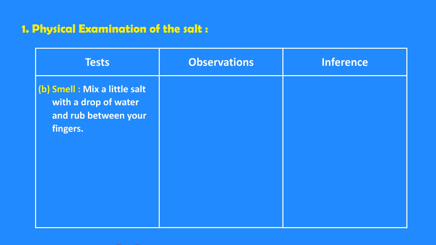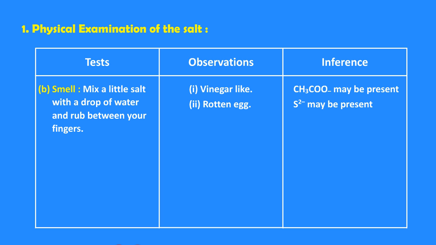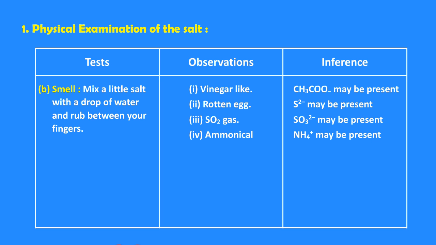Smell: mix a little salt with a drop of water and rub between your fingers. Vinegar like: CH3COO- may be present. Rotten egg: S2- may be present. SO2 gas: SO3 2- may be present. Ammoniacal: NH4+ may be present.